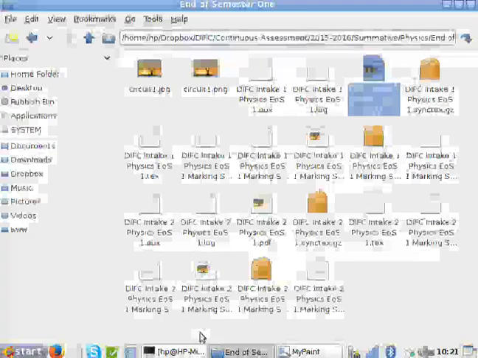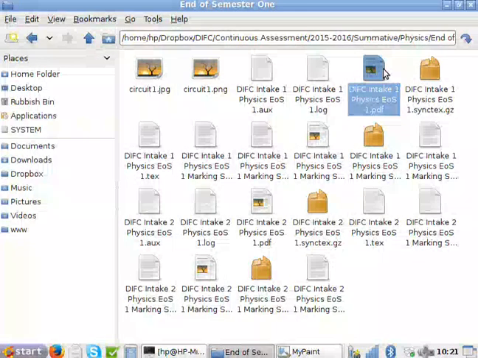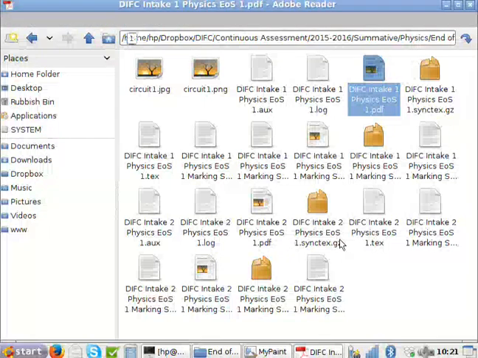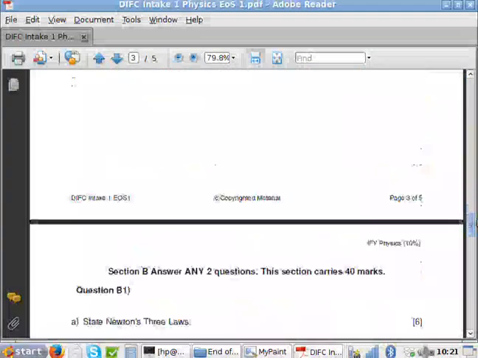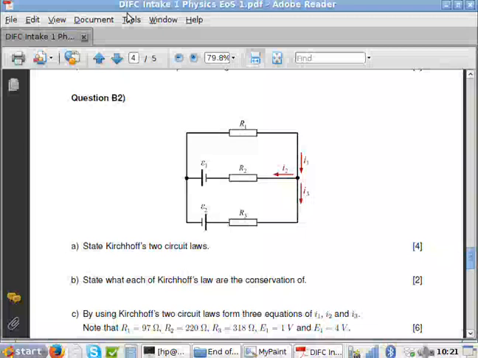Number 11. A couple of people got this right. So what you have here are ocean waves, and their wavelengths, they say 1.43 meters.